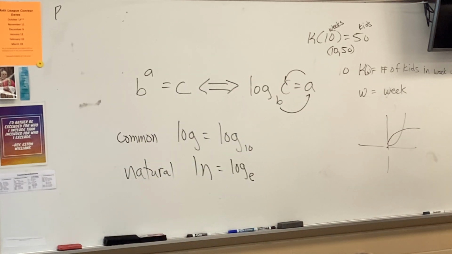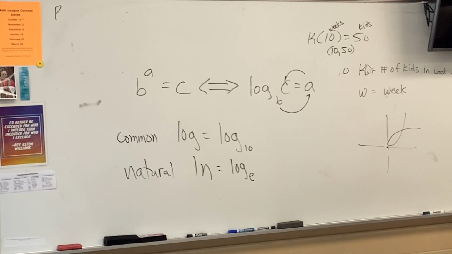All right. Convert the following equations from exponential form to logarithmic form. A will be log base 3 of 9 equals 2. B will be log base 10 of y equals x.